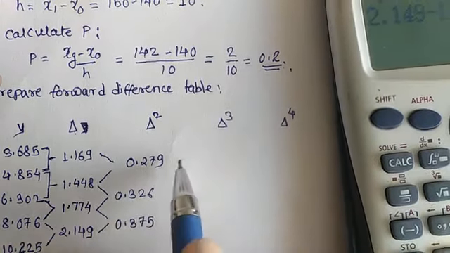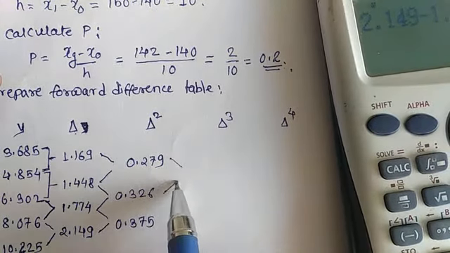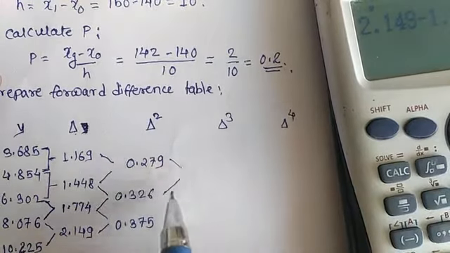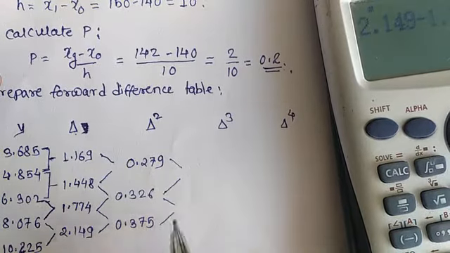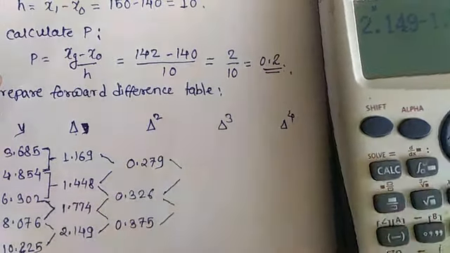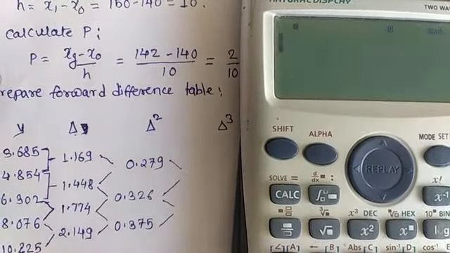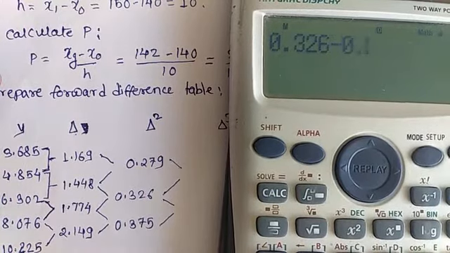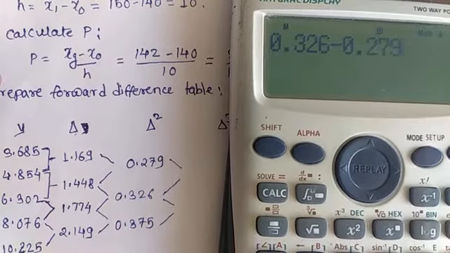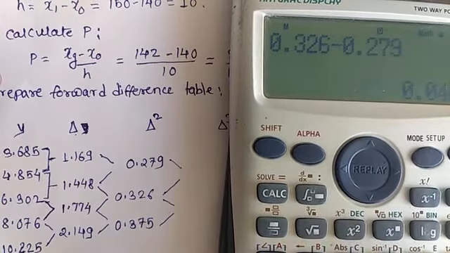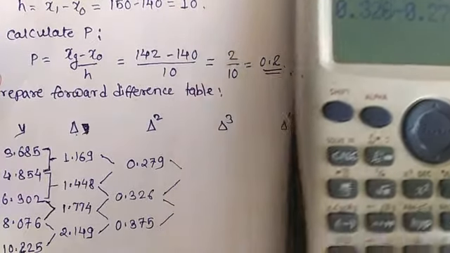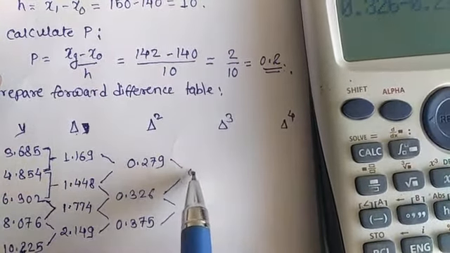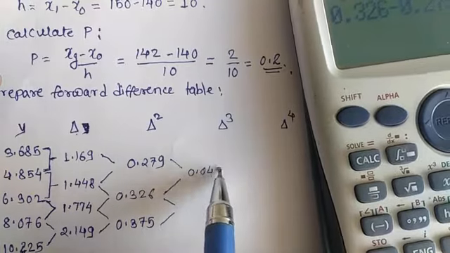Okay, now we will take the next difference, which is del cube, the column of del cube. In that we want to find the difference of these two. First, 0.326 minus 0.279, which is equal to 0.047. So here the first difference is 0.047.